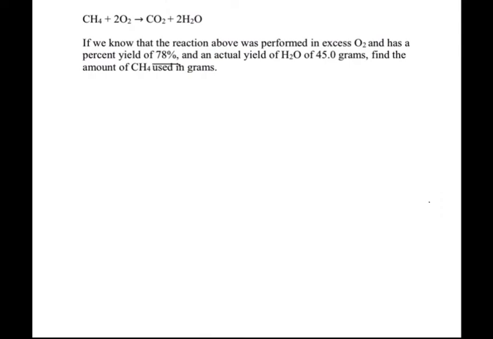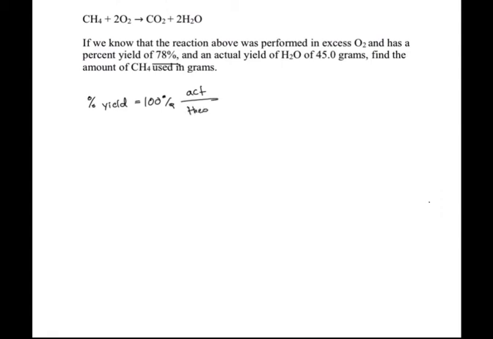So we're going to start by calculating what our theoretical yield of H2O was. So again, we're going to use the same equation, which is percent yield is equal to 100% multiplied by actual over theoretical.